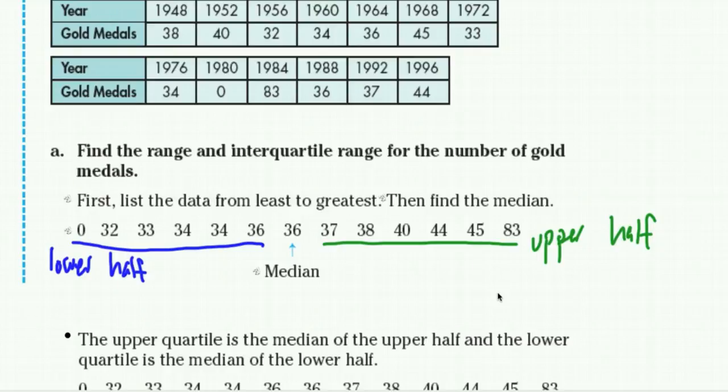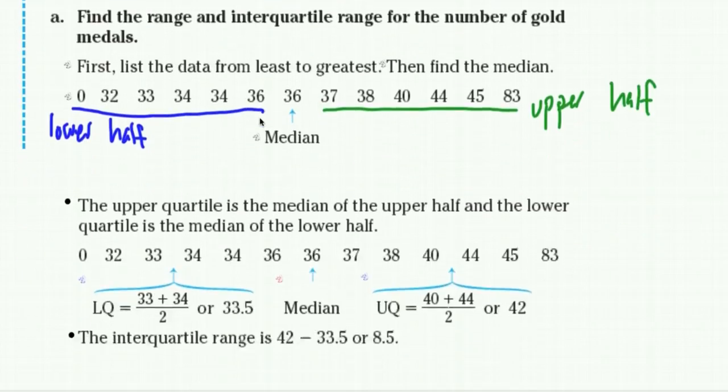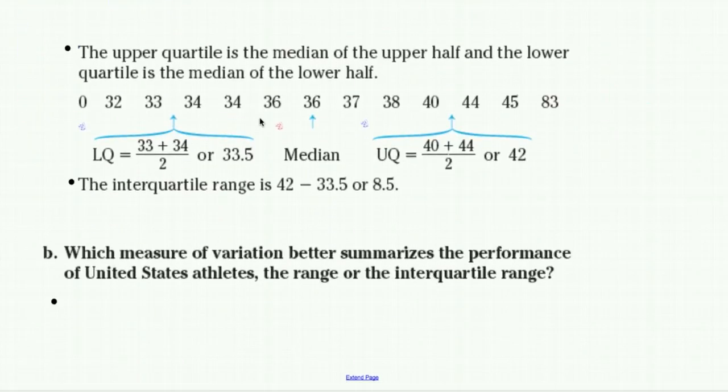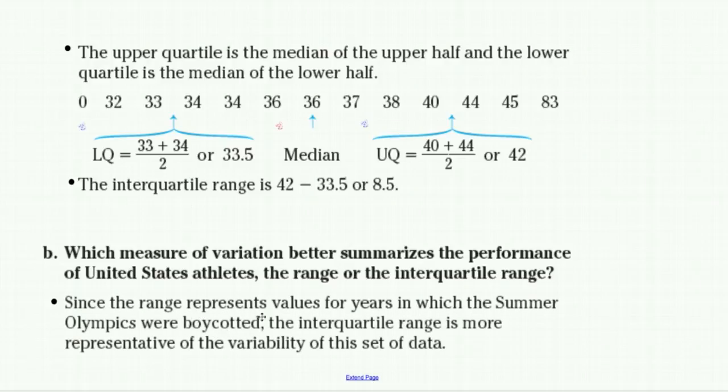In 1984, there's a huge spike going up in these two years. So if we use the range, that would not be very representative of our set. Since the range reflects the values for the years in which the Summer Olympics were boycotted, the interquartile range is more representative of the variability of this set of data.